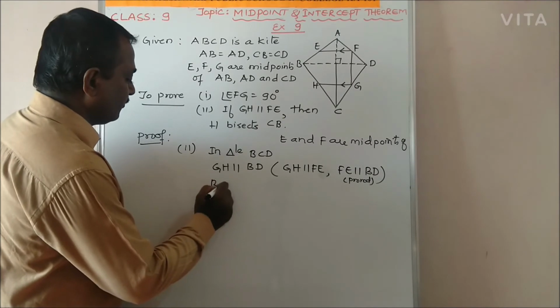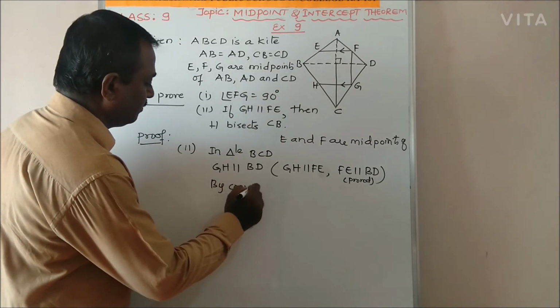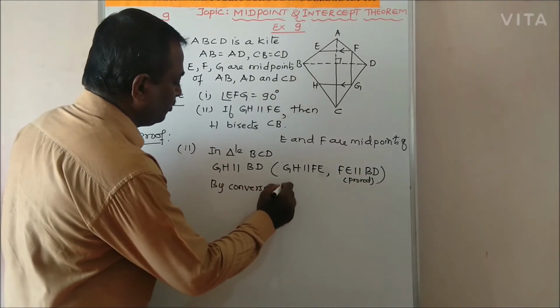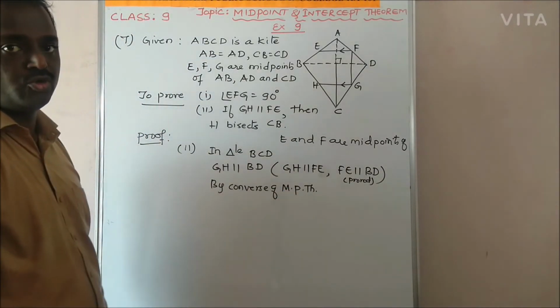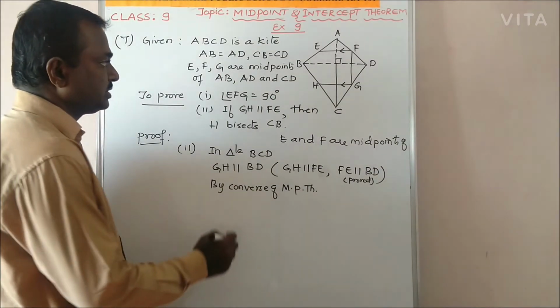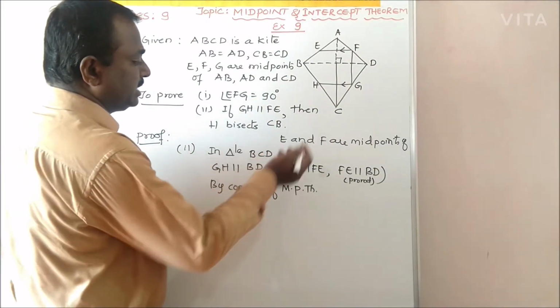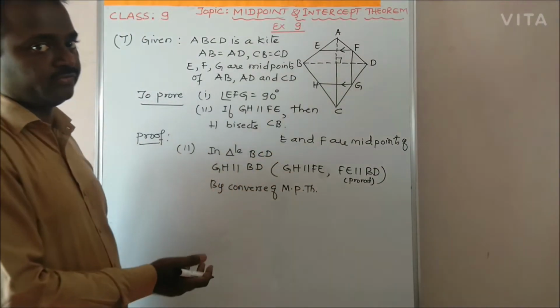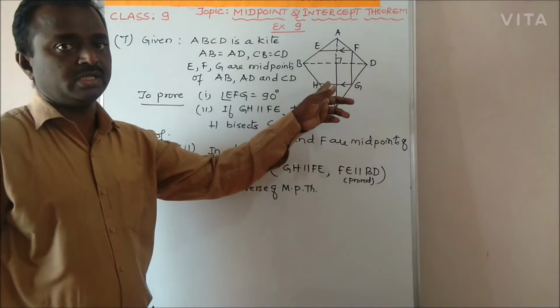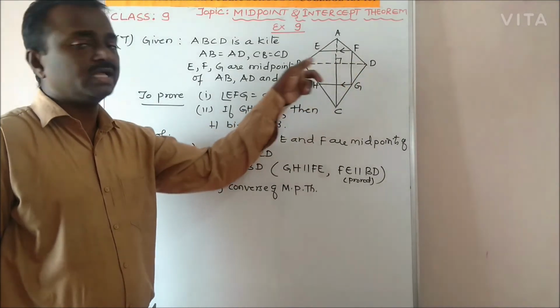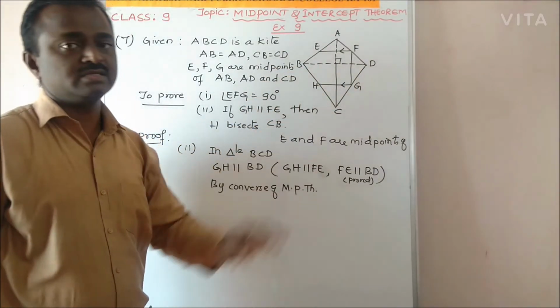By the converse of the midpoint theorem, I am not writing the definition, you know it already. A line drawn from the midpoint of one side of a triangle parallel to the other side bisects the third side.